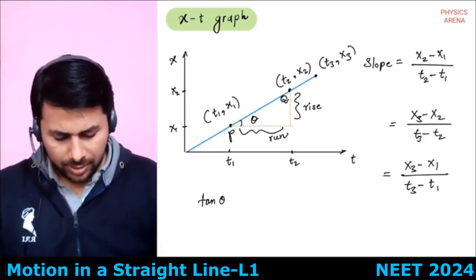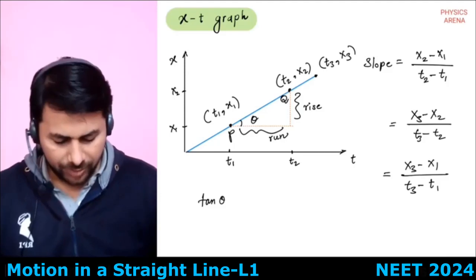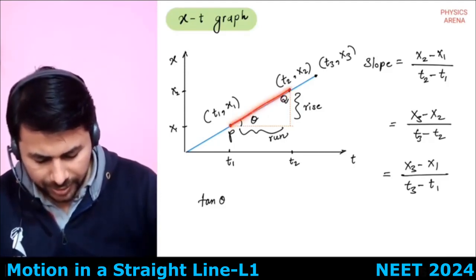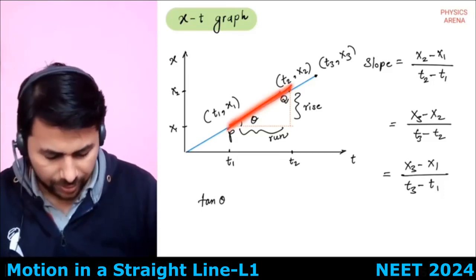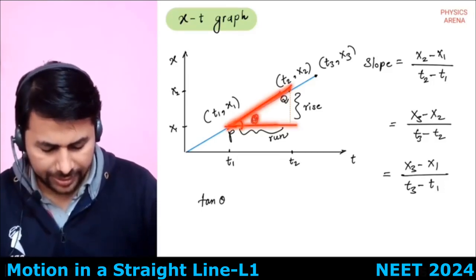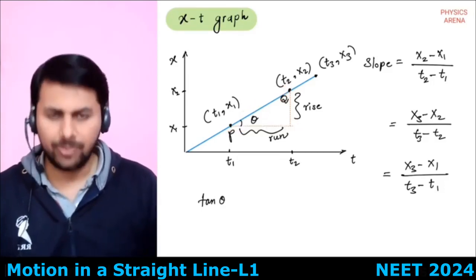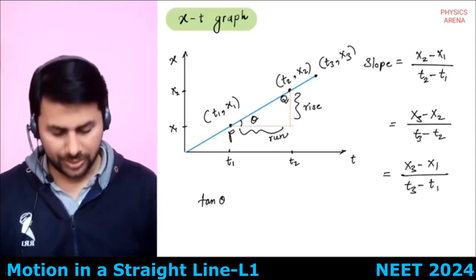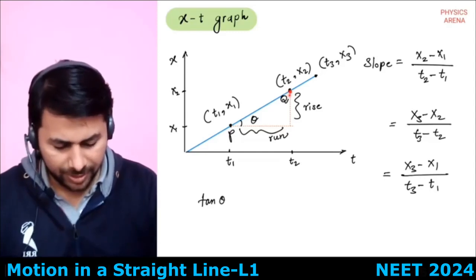And now the slope gives us velocity, and there is one more thing about the slope. See, this line and the horizontal are inclined at some angle theta. So if you find tan of theta, it will give you this slope. Slope is equal to tan of theta.